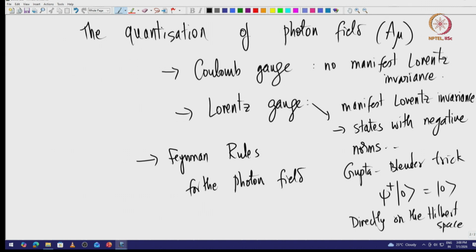In particular, we looked at the Feynman propagator of the photon field in both the gauges. Very good. So, today we will continue with interactions.